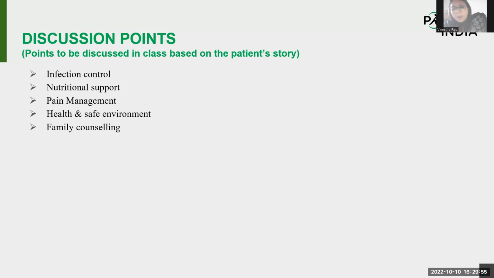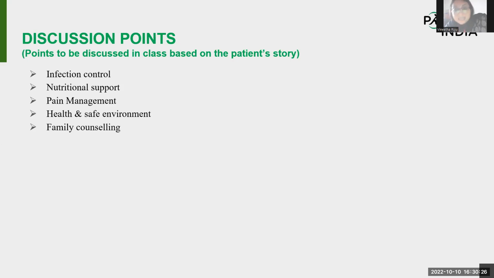Explore, ask, talk, find out what are the type of fears that she has. Talk with the family. What are the issues concerning their fear about the patient? Do they have guilt? Have a family conference. Sit with the patient, with the family, all of you together, and talk about the concerns.